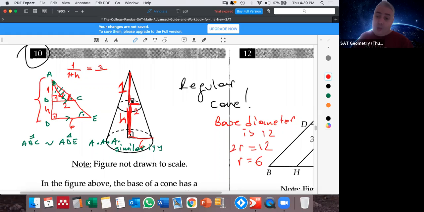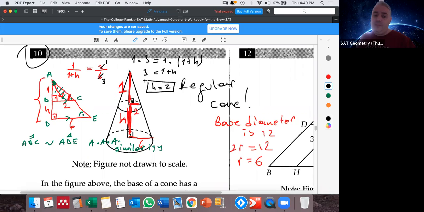In the big triangle, opposite of this angle is 6. Finished. Cross product, but before that, simplify: 1 times 3 equals 1 times 1 plus h. So 3 is equal to 1 plus h. h is equal to 2. That's it.